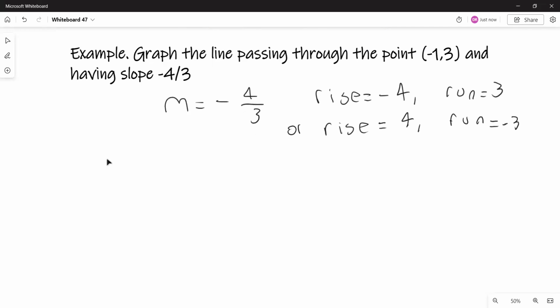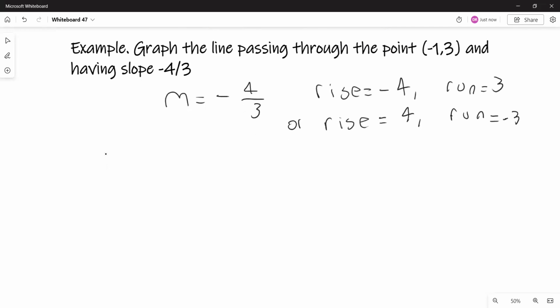And we can plot 3 points quickly. Okay, so the point they gave us was (-1, 3).